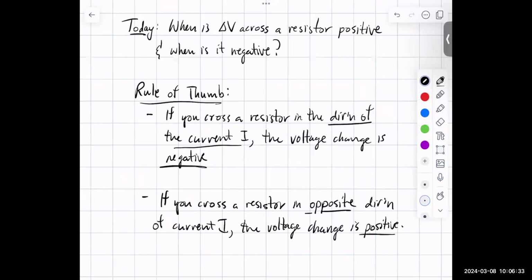Okay, and so those are the rules of thumb, and it's easy to understand why that's the case if we just apply some of the concepts that we've already covered.